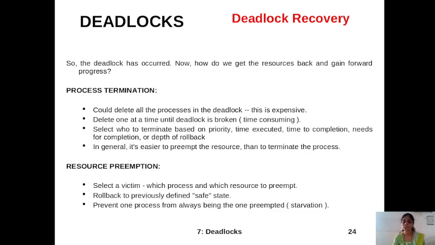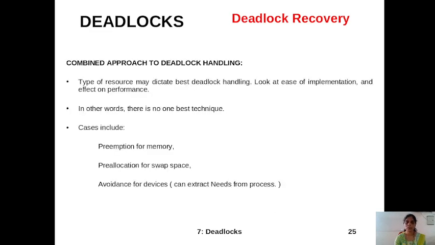So we have to select a victim, whose resources we forcibly take back, and that again depends on different conditions, which process to select, from whom to release the resources. These might be slightly costly solutions, but nevertheless they can still help us recover from deadlocks.